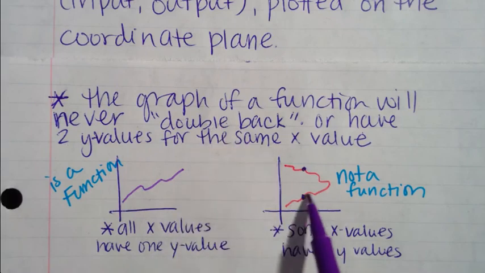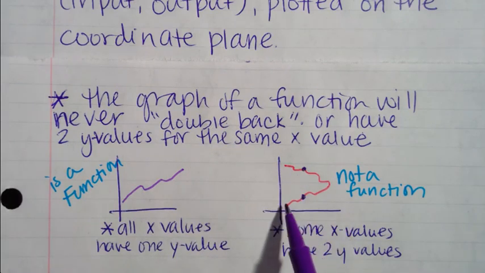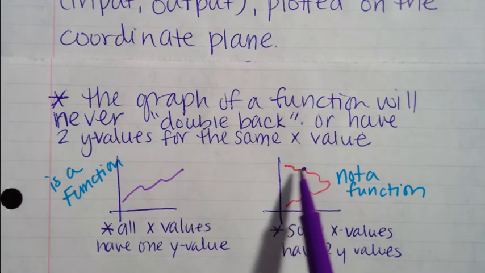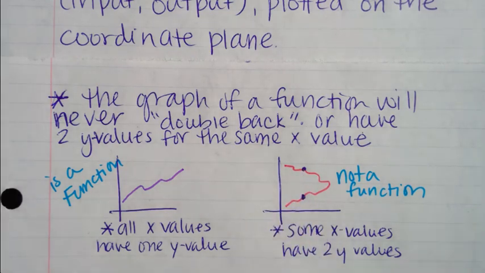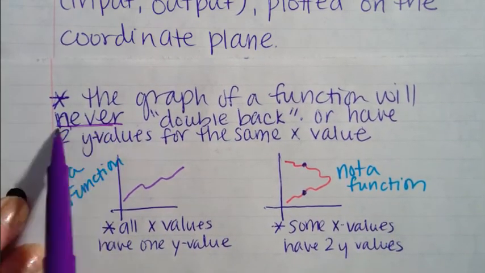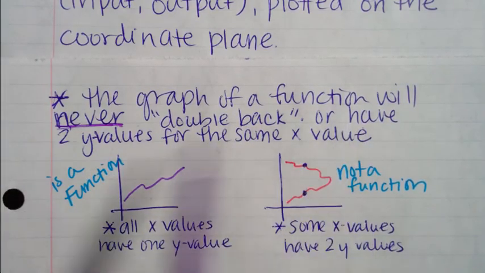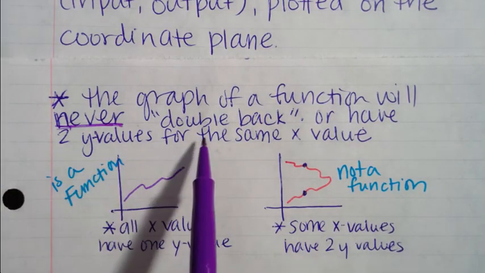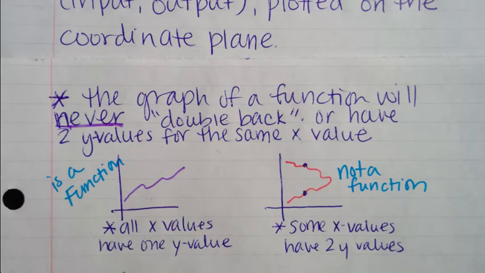And that's this kind of thing here where we had Priya, where she ran across the track and then came back. So the graph of a function, you can have a graph that does that, but it will not be a function. So the graph of a function will never double back or have two y values for the same x value.